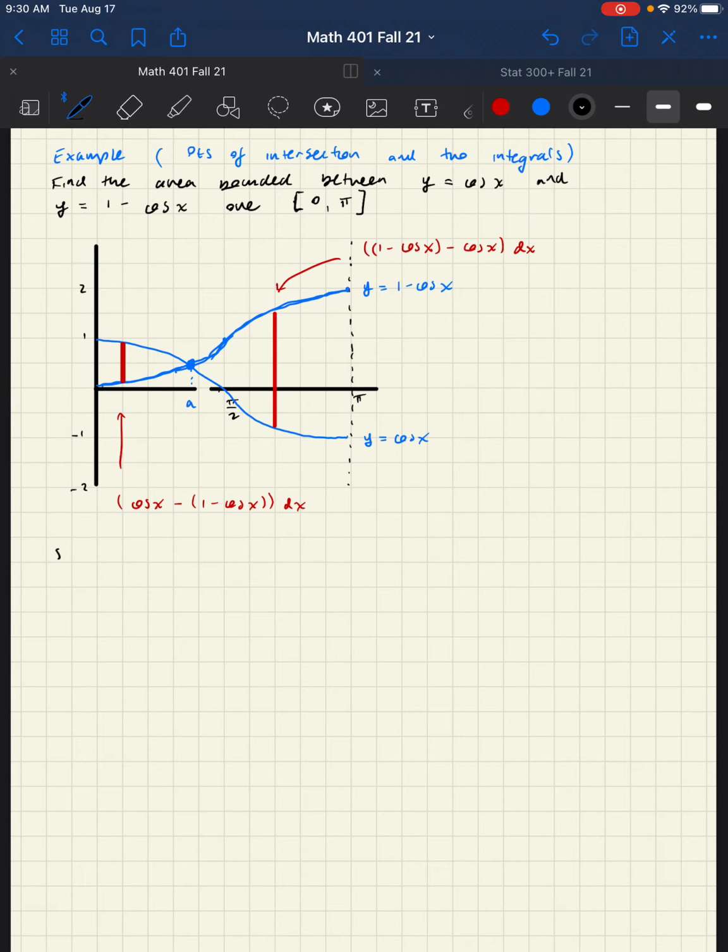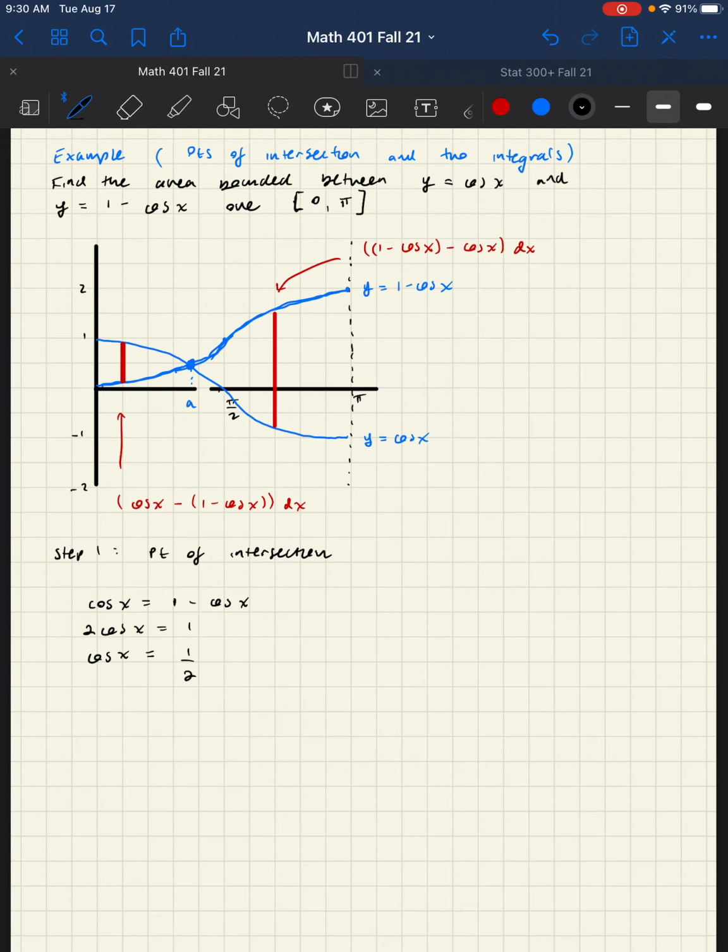All right? So step 1, then, find the point of intersection. Okay, so we need to find where f of x equals g of x. So we're going to solve the trigonometric equation. Cosine of x equals (1 minus cosine of x). Move the cosine of x so you get 2 cosine of x equals 1, which means cosine of x equals 1/2.